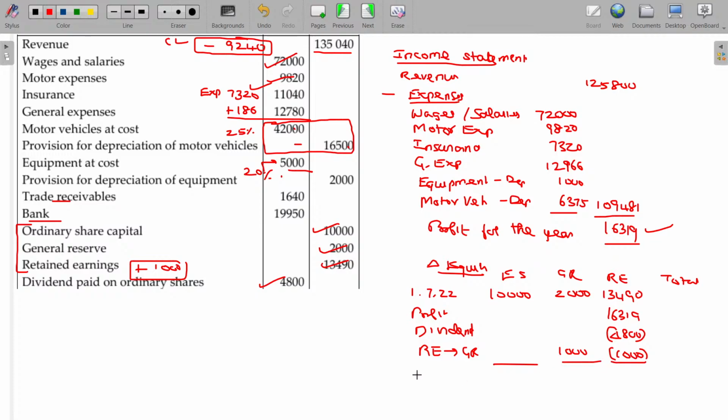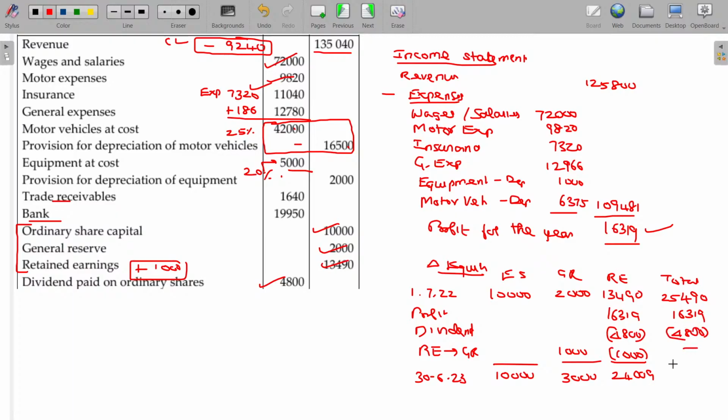The closing value here being 30th June 23. Equity remains the same, 10,000. GR 3,000. Retained earnings 24,009. You can get the total also. So here 25,490, 16,319, 4,800 negative.